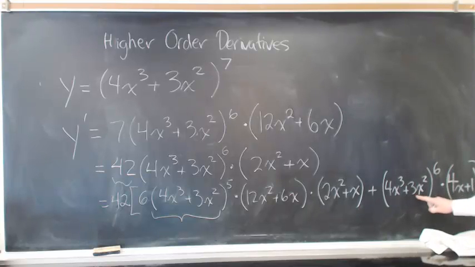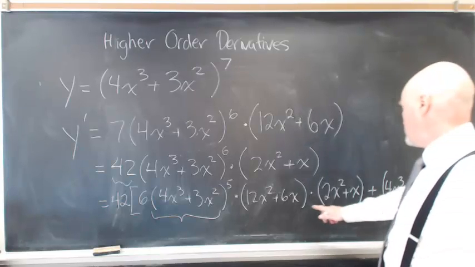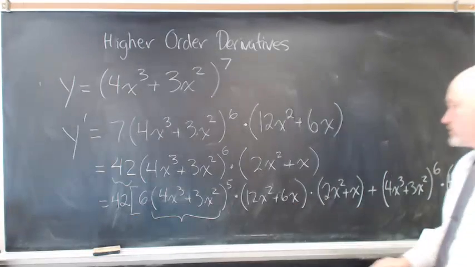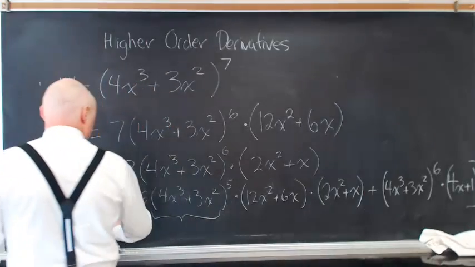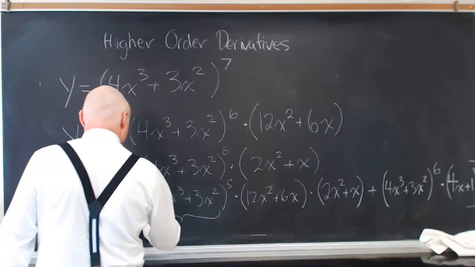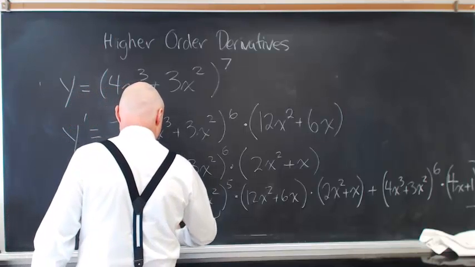Yeah, so that's going to leave us with one of these binomial terms left here, but we're going to be able to factor it out of that. And I think we could also factor out, oh, look at this. No, we can't factor that out. All right, so let's do that. 42 times 4x cubed plus 3x.